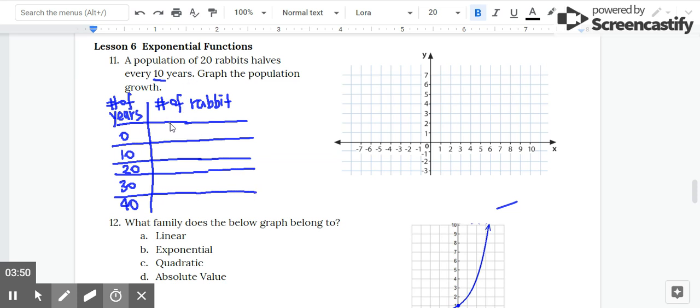All right, so now we start from 20. So what's next in 10 years? It's going to be 10. And after another 10 years, it's going to be 5. And I know we're not counting by decimal, but just theoretically, it's going to be 2.5 and 1.25.